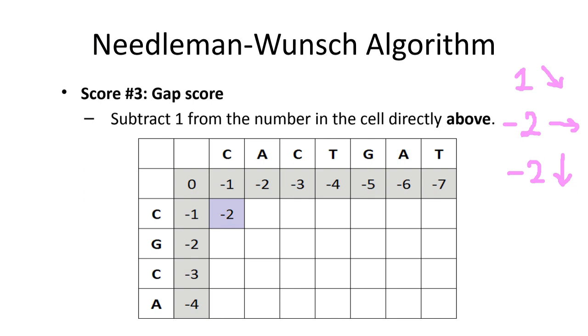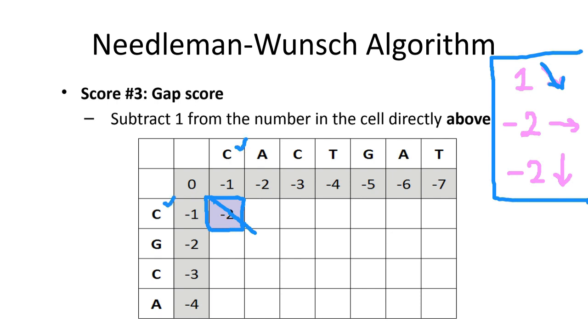All right. Let's just make sure everyone's on the same page here. So we had to calculate 3 different scores. We're starting here, this first cell, and we had to find 3 different numbers. The first number was associated with a diagonal movement through our map here. If we're moving diagonal, that's the same thing as aligning a letter with a letter, and we apply the scoring scheme that we use if we're matching up a letter with a letter.